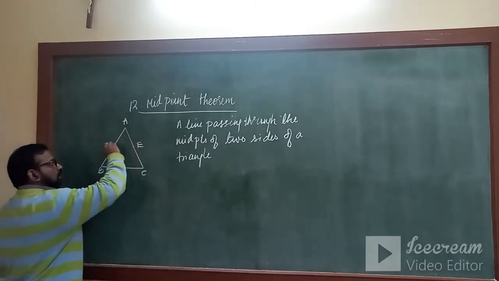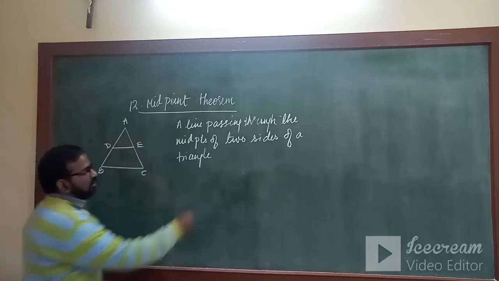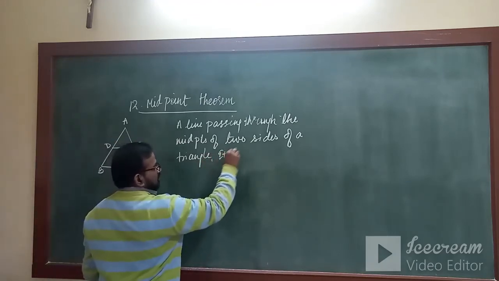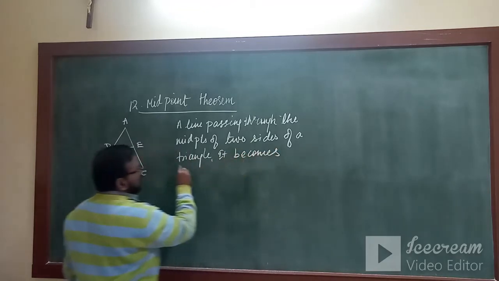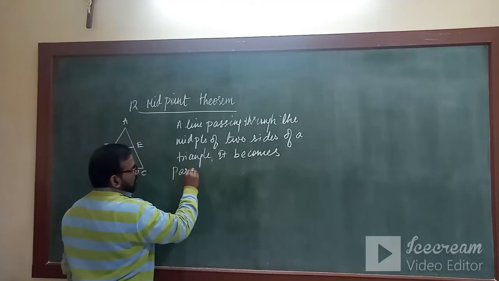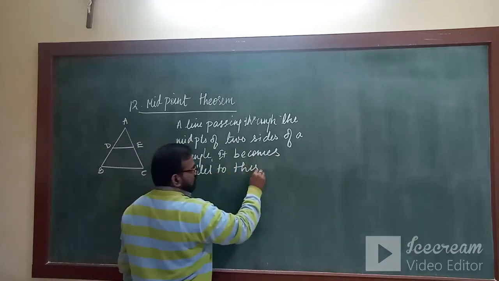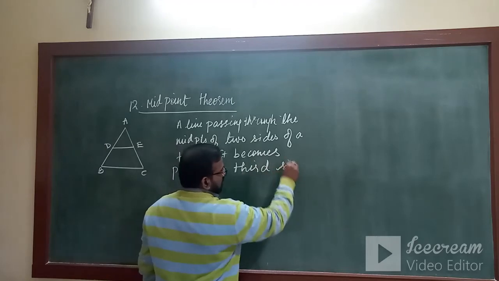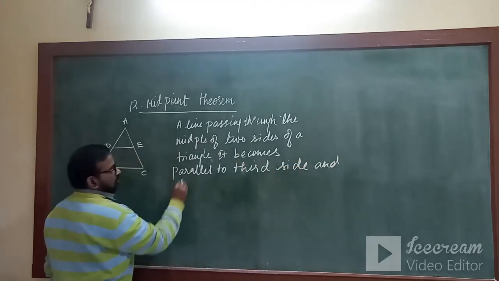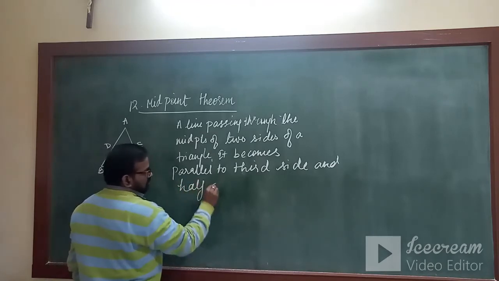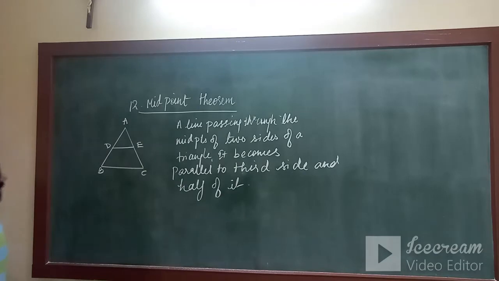So if I draw a line which passes through D and E, then what happens? It becomes parallel to the third side and half of it. Okay, so this is the midpoint theorem.